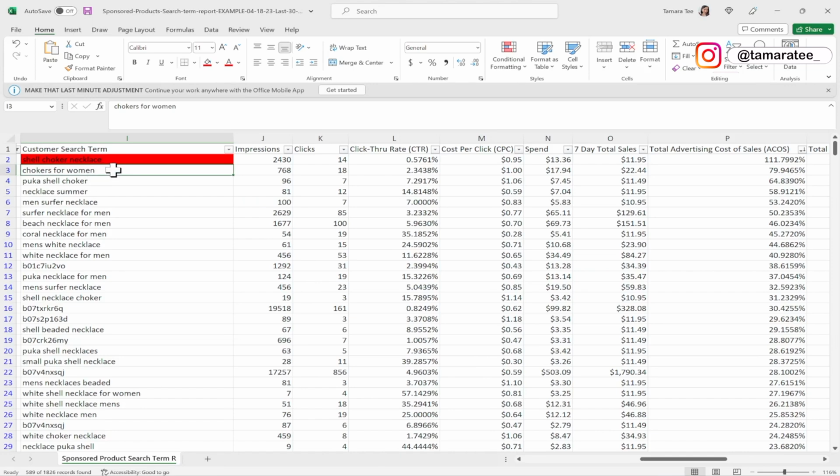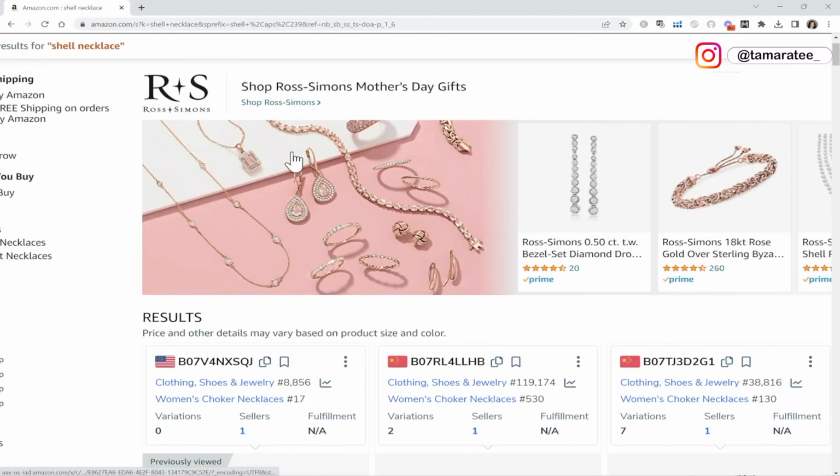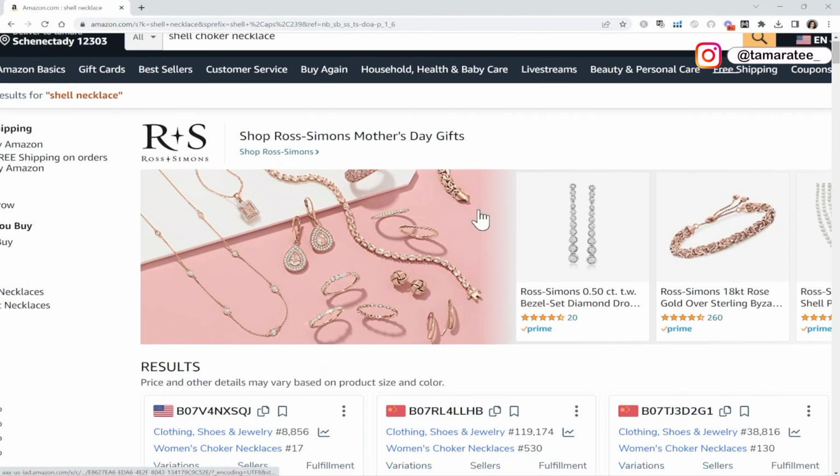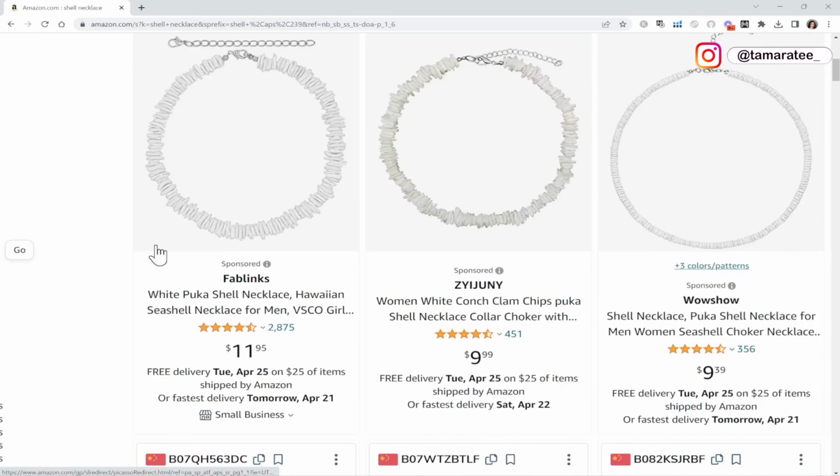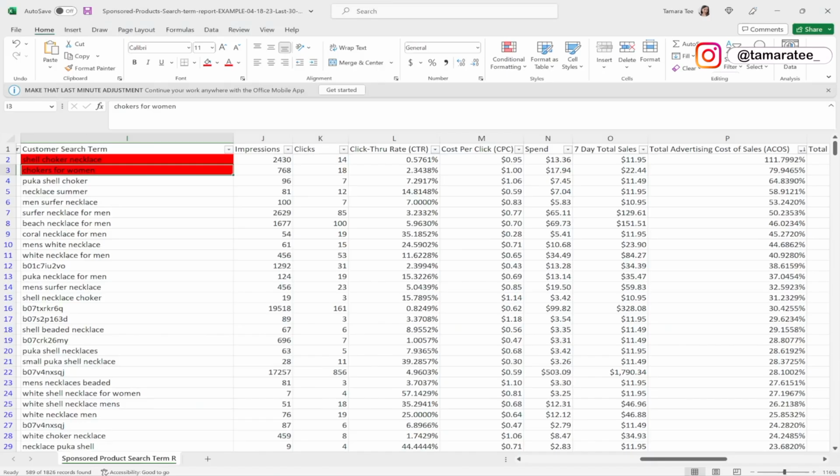So this is kind of broad. It's chokers for women. And my ACoS is 79%, which is greater than my profit margin percent, which tells me I should put this keyword into the negative exact in my Amazon Seller Central account. And again, when someone searches for chokers for women up here, my sponsored ad will not show up. So customers cannot click on it and I will not get charged.